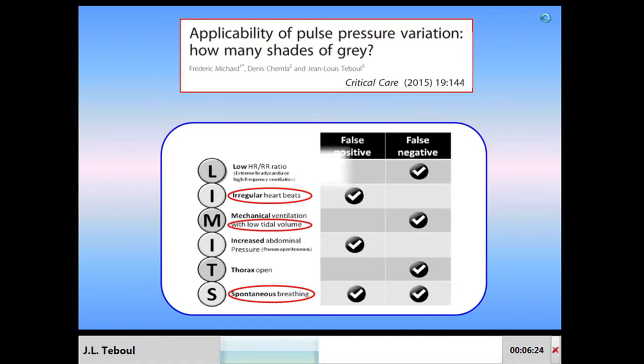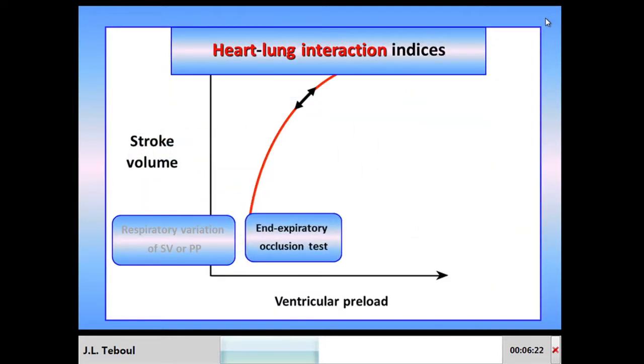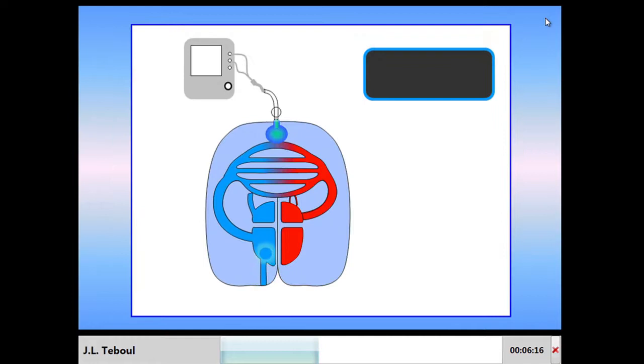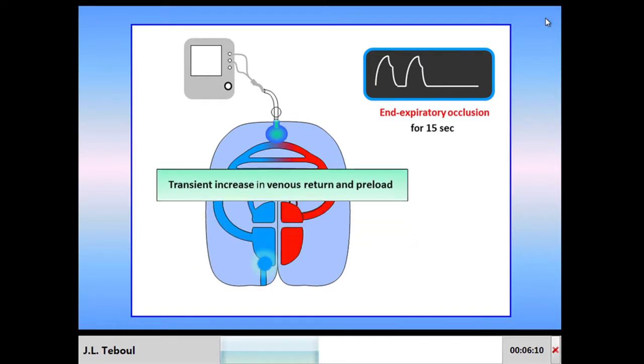So what to do in these situations? Maybe we can use other tests. For example, we can use the end-expiratory occlusion test. And this test is very easy to do. If you interrupt the ventilator at the end of expiration, you can prevent the decrease in stroke volume induced by the next breath.